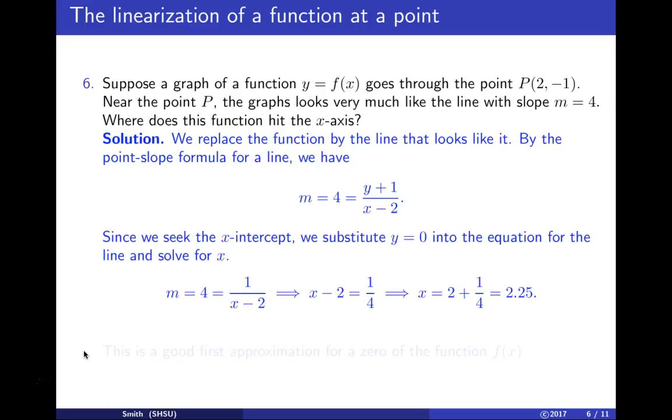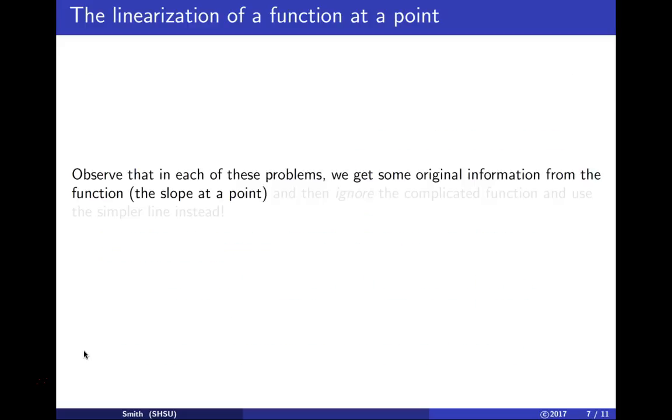So if m is 4 and y is 0, then 4 is 1 over (x minus 2). That implies that x minus 2 is a fourth, which implies that x equals 2 plus a fourth, or 2.25. This is a good first approximation for a zero of the function f(x), even if the function f(x) is not really a line.